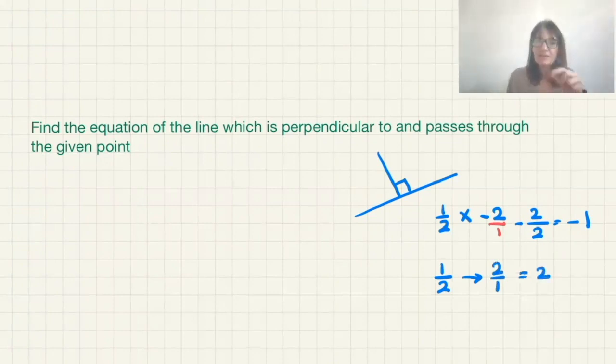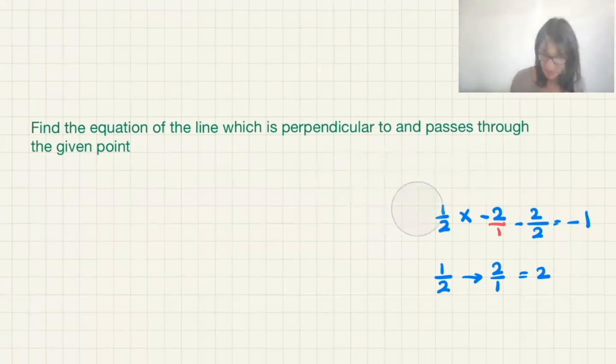So I can use this flipping action in order to write the perpendicular gradient, but I must remember that it's the opposite sign. I've got a positive and a negative, one going up, one going down to create me that right angle. Okay, so we must remember that as well. We'll see it in practice as we go.